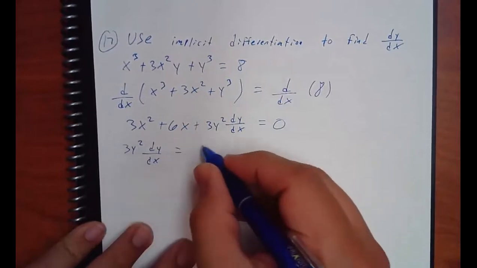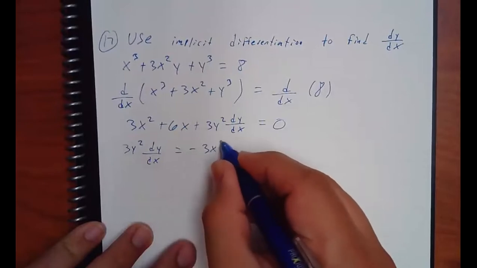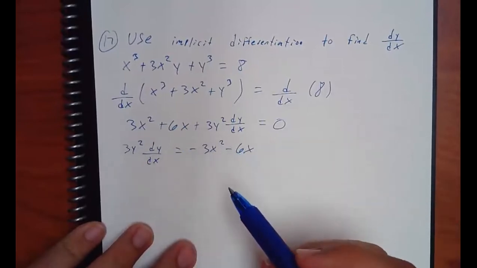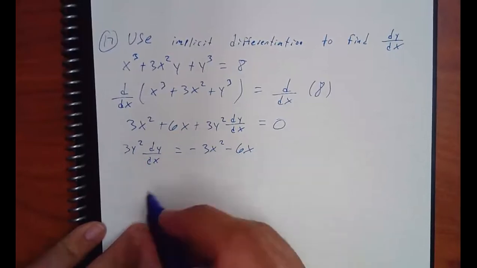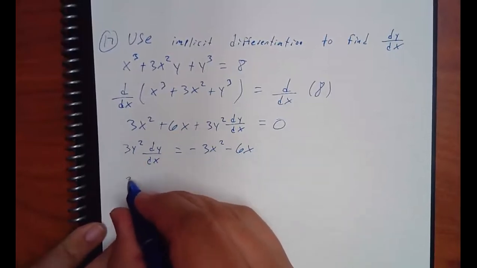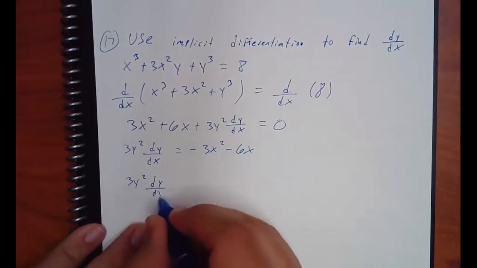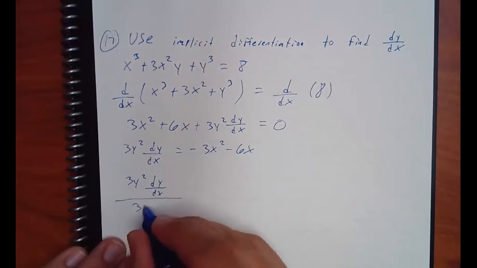By subtraction, so this will be negative, right? Cross the equals, just swap the signs. Divide by 3y squared. And you're good, at least for this one. So divide both sides by 3y squared.